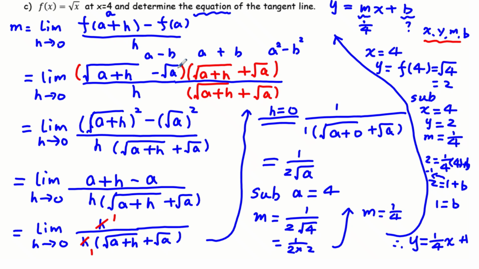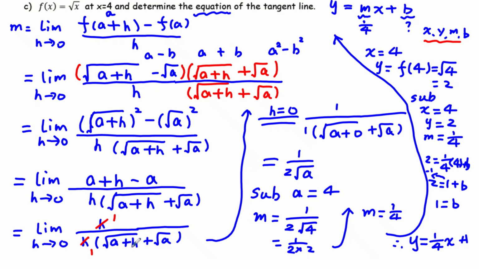A minus b times a plus b gives you a squared minus b squared. So it's just each term squared, then minus. Expand, simplify, we have h left. H divided by h, they are factors. You are not able to divide the h from a plus h because a plus h is adding. H is not a factor.